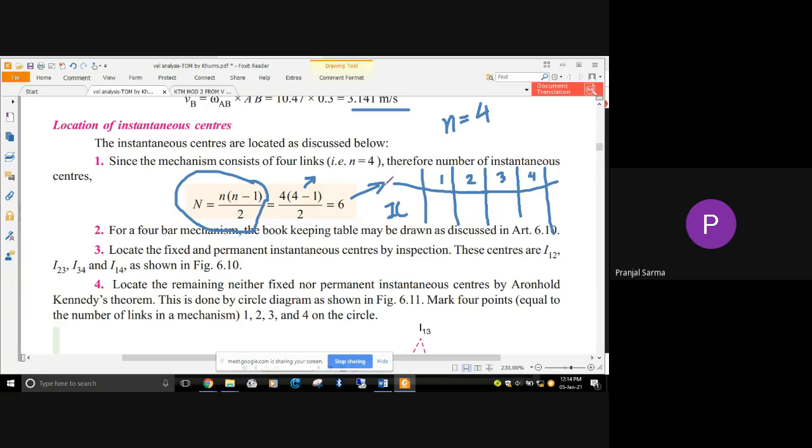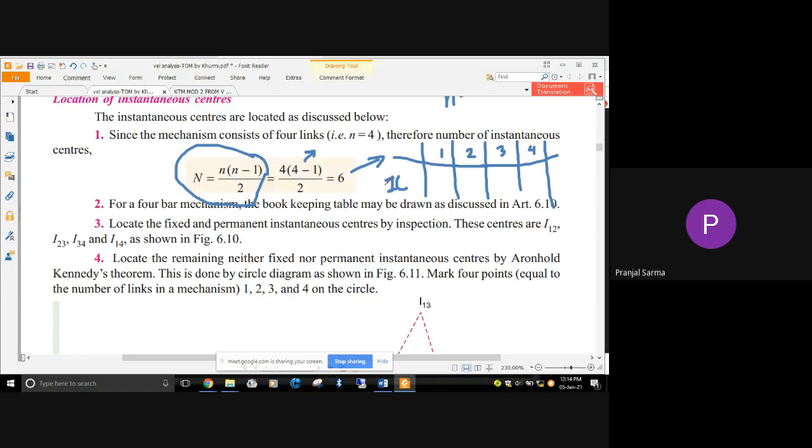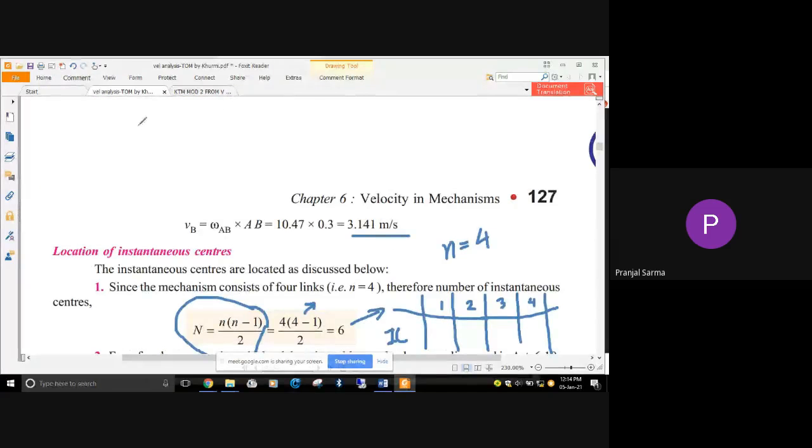So this is one method. Apart from that, you can also do it like this. You can make a circle and mark 4 points for the 4 links: 1, 2, 3, and 4.